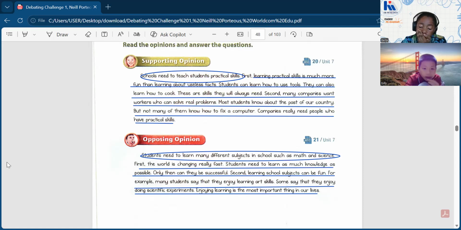Complex jobs need people who have practical skills.